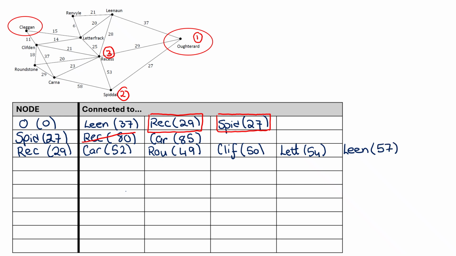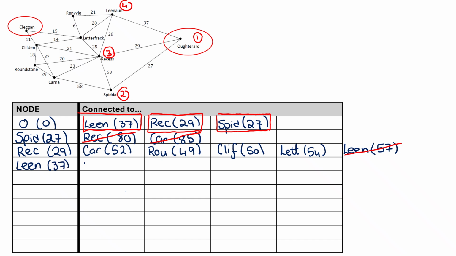First thing I want to look for is duplicates. Here's a duplicate, I have less. Here is a duplicate, I have less. Okay, my next smallest node is here, and that becomes node 4, and that's 37.